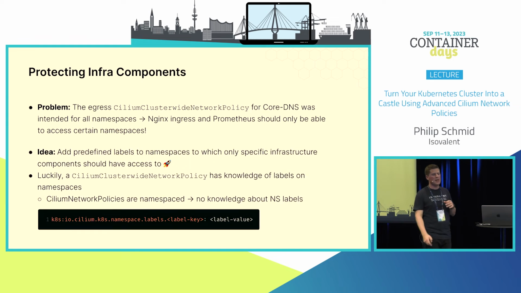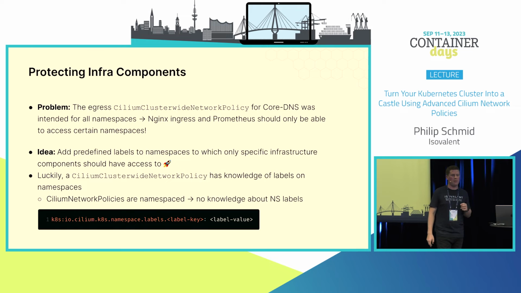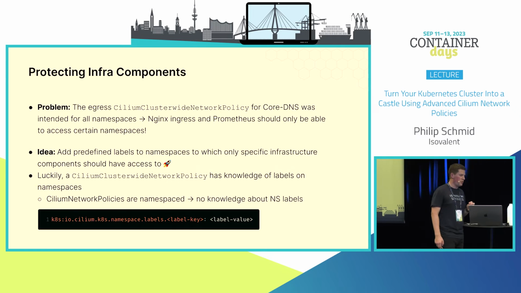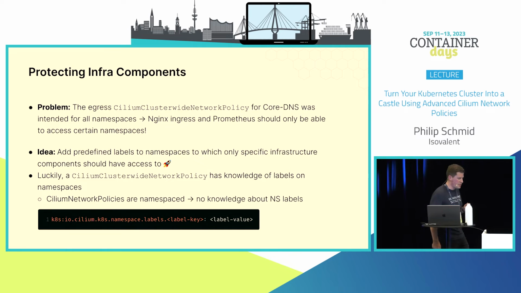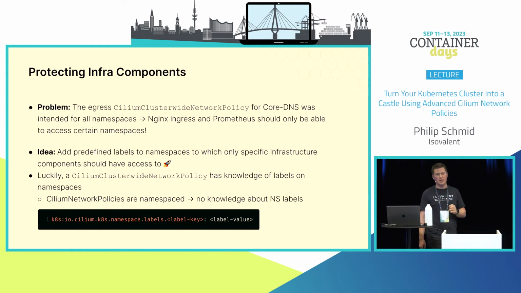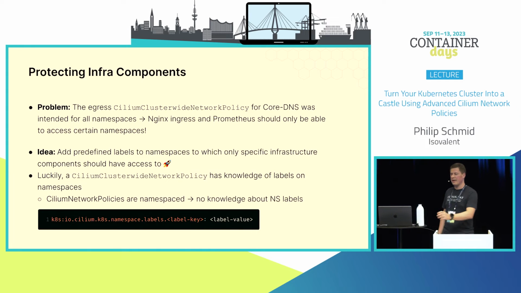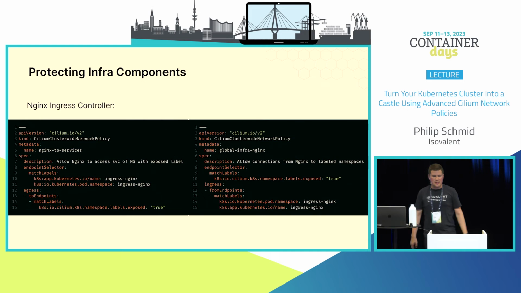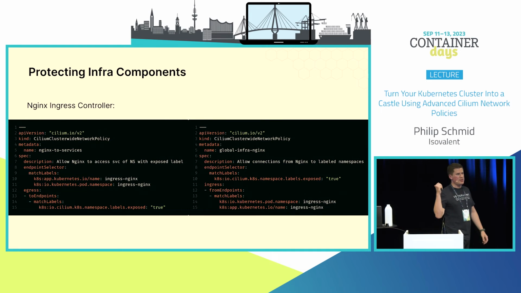Because of that, we need an additional condition there. And the beauty here is that we could again leverage our Cilium cluster-wide network policies, because there we have knowledge about the labels that are configured on our namespaces. And this can then be used for policies such as here.